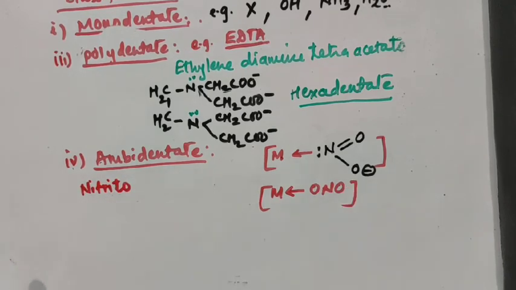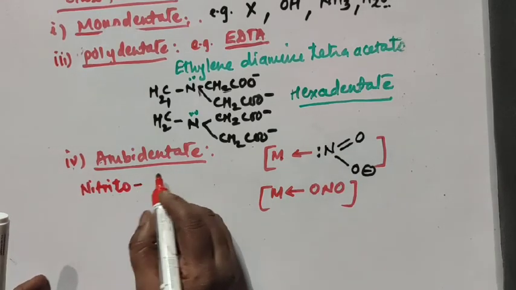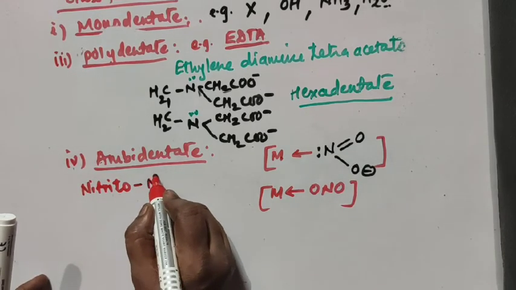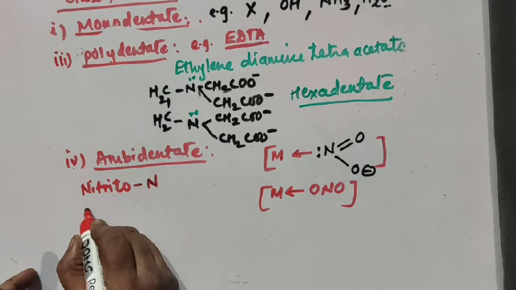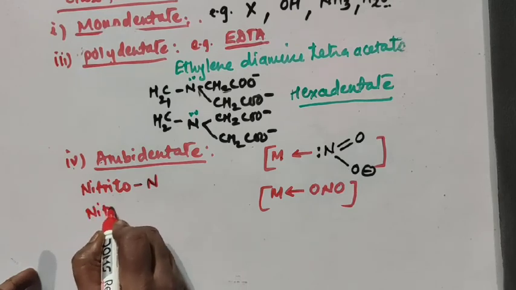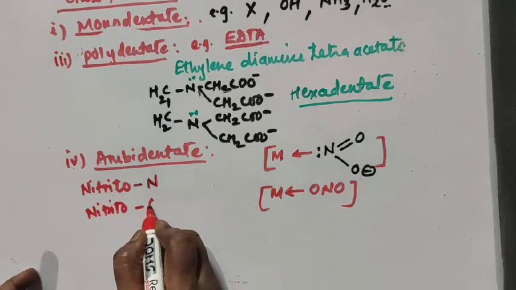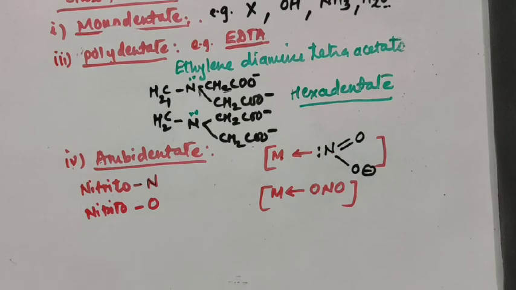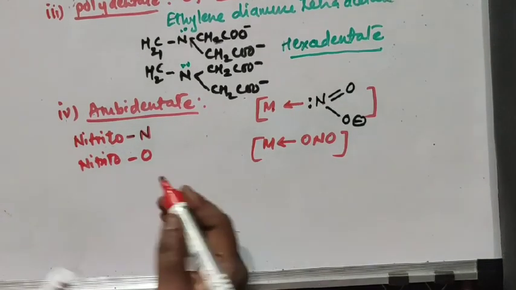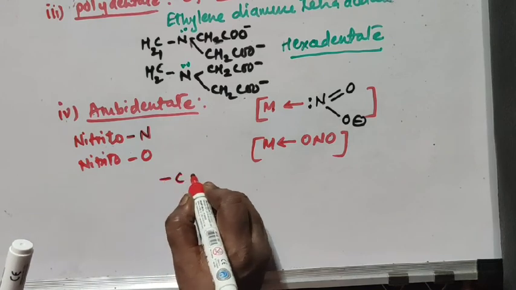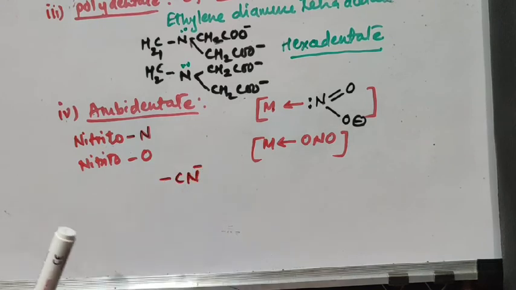So when nitrogen is the donor, M-NO2, you are supposed to write the group as nitrito-N. When oxygen donates the electron pair to the central metal ion, then you are supposed to write nitrito-O, like that.